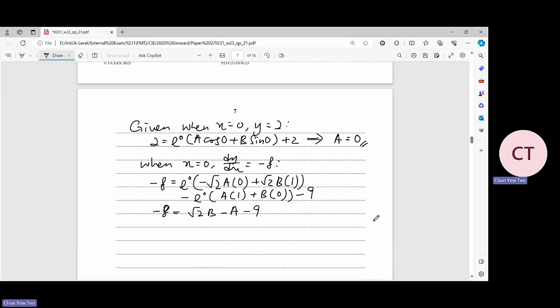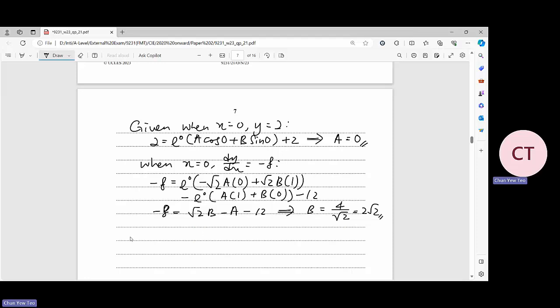So this is negative 12. And therefore, you can find that your b is equal to 4 over root 2. 4 over root 2, you can make it become 2 root 2.